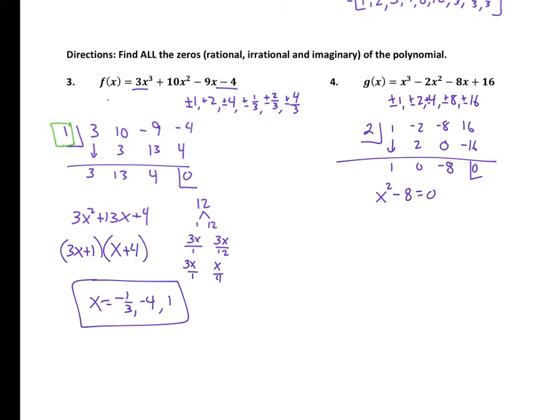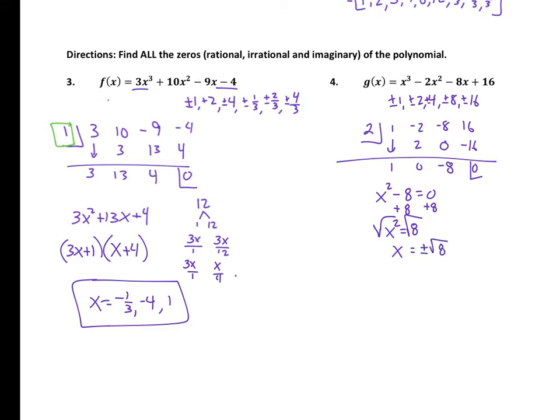You cannot factor this one, so then we can do quadratic formula, or we can solve this one just doing a normal square root. X squared equals 8. Take the square root of both sides, and x equals plus or minus the square root of 8.